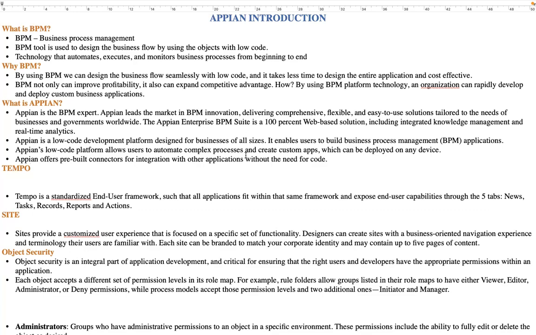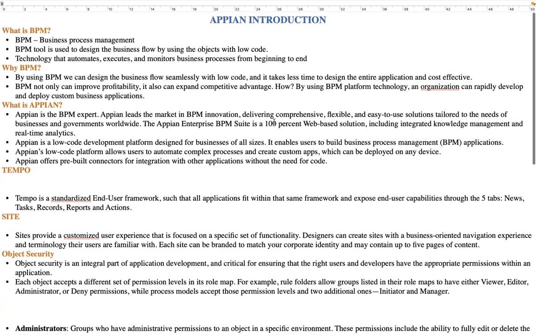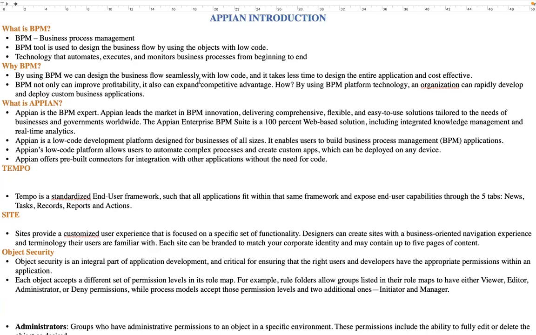But in Appian, you just need to use those integration objects to connect with external web services, or you can use web APIs to give other websites access to Appian. So these features all combine and made Appian the number one technology currently in BPM.